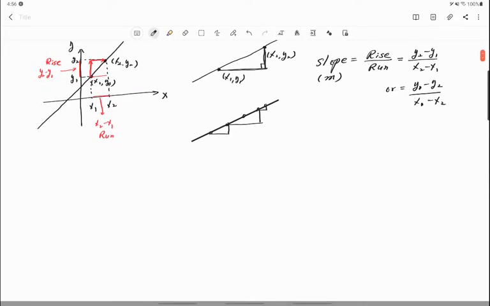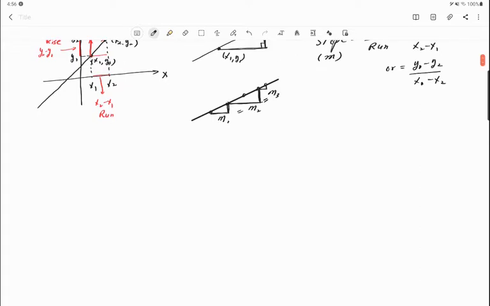As you move this much to the right, then this much up, the ratio is always the same. If we move longer horizontally, then vertically it is also longer. So the slope is always the same.